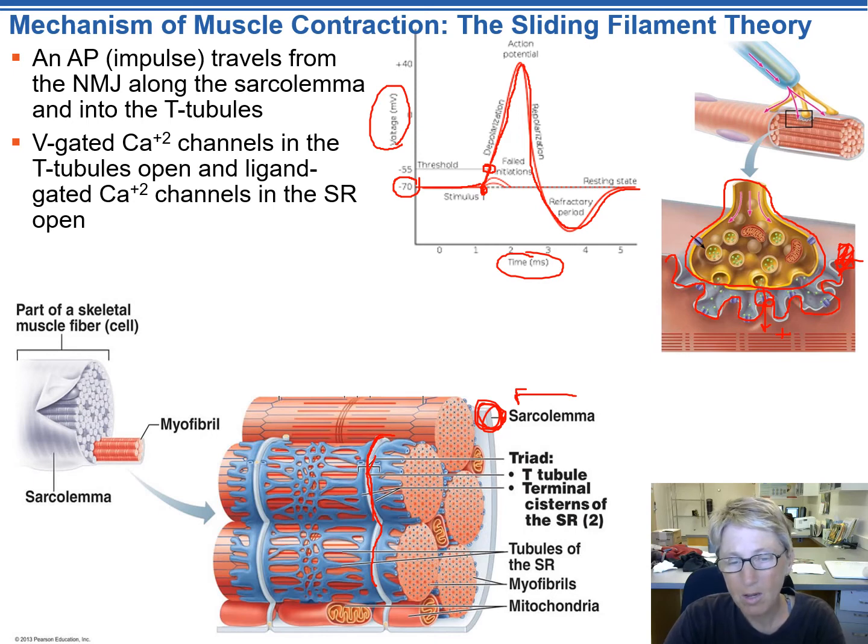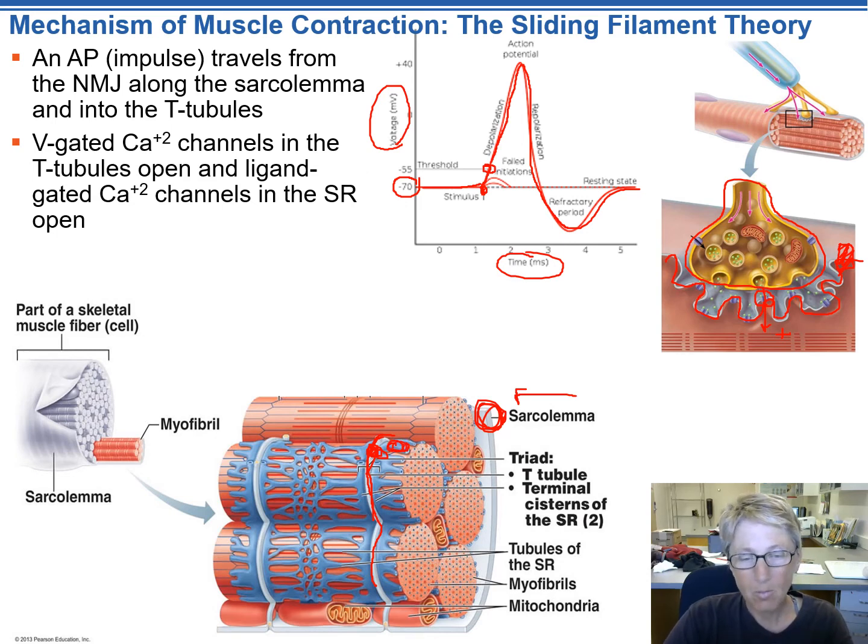The voltage-gated calcium channels in the T-tubules will sense that change in voltage that the action potential brought, and that will open them. Calcium will rush into the muscle cell from the outside to the inside, and calcium will also activate the ligand-gated calcium channels that release calcium from the SR.